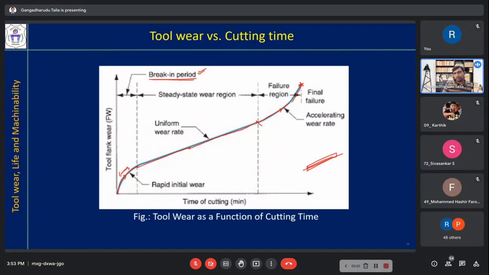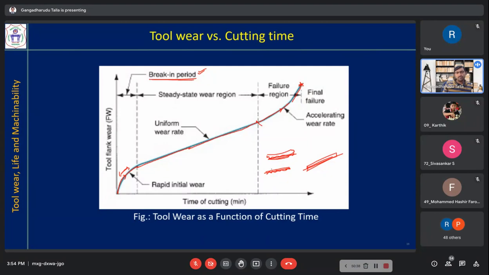So once wear has become too much, the interaction between the chip and the tool will increase because now the upper layer of the tool is removed, and it is no longer smooth. So there will be more interaction between the chip and this zigzag area. It is not sharp, so more sticking action, more friction, more heat will be there.